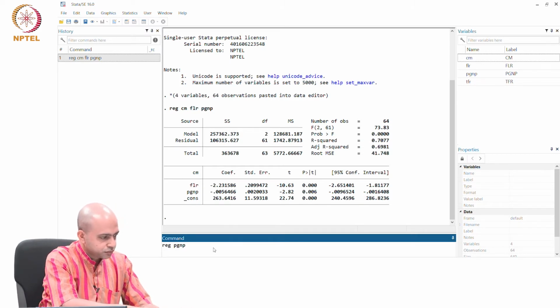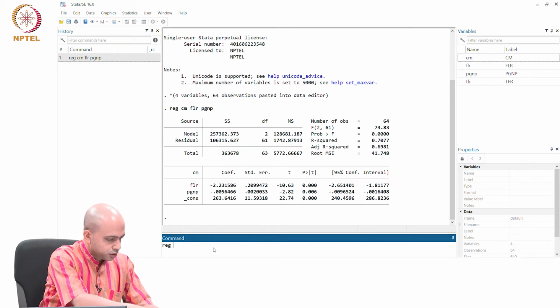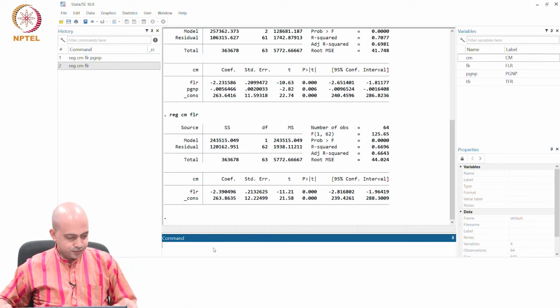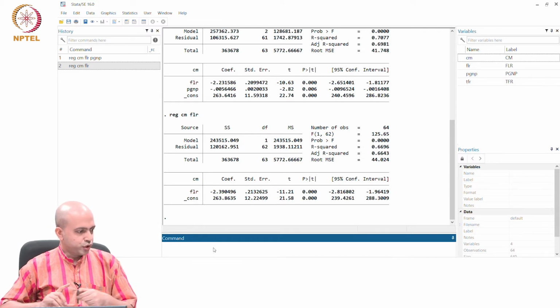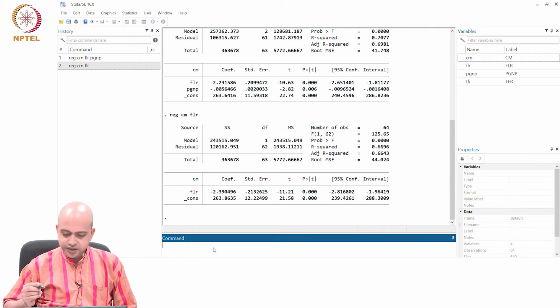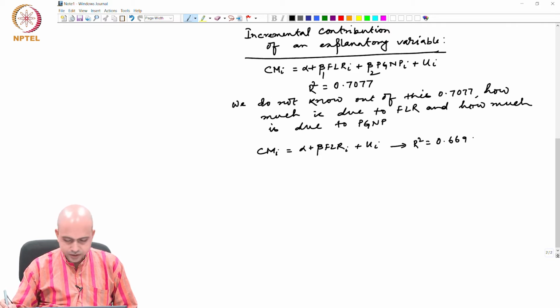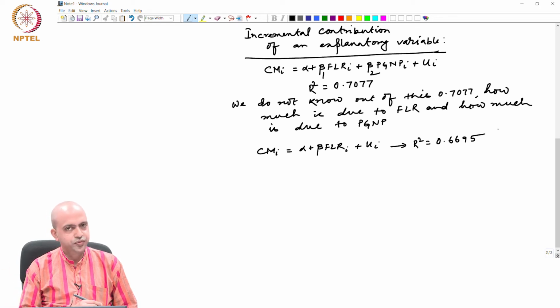Your R square from this model is 0.6696.